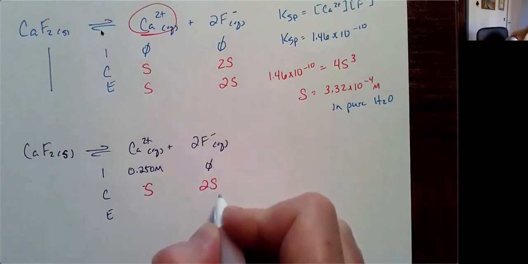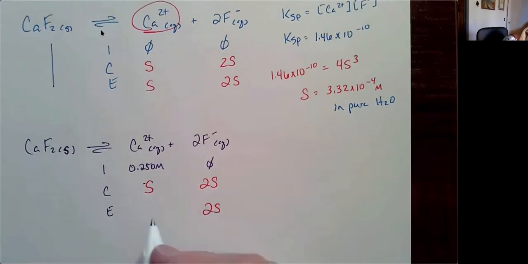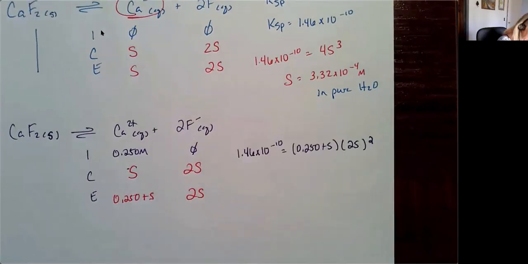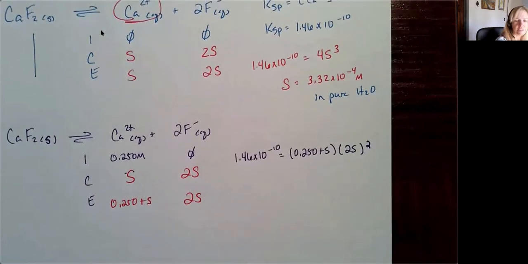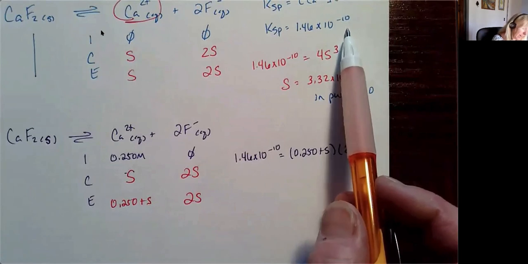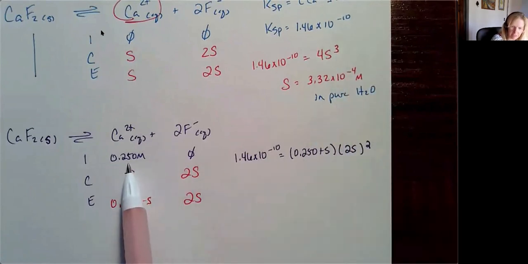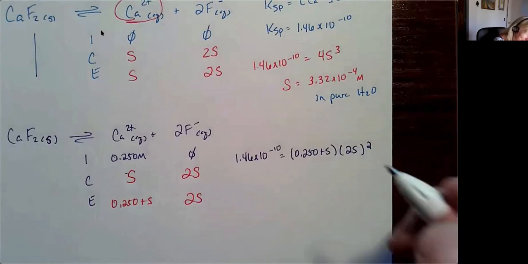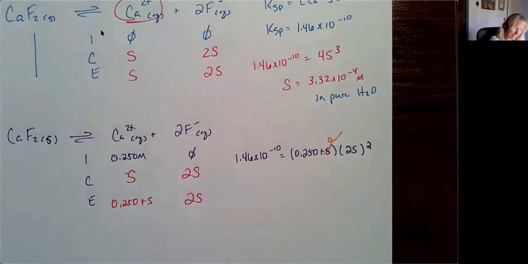This is 2S, this is 2S, and this is 0.250 plus S. Now, I can do something here where if my KSP is really small, which it is, and this is fairly high in concentration, so I'm looking at that 10 to the third difference again, then I can do my S is small approximation and get rid of it here.